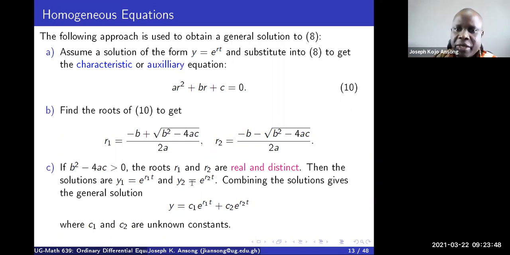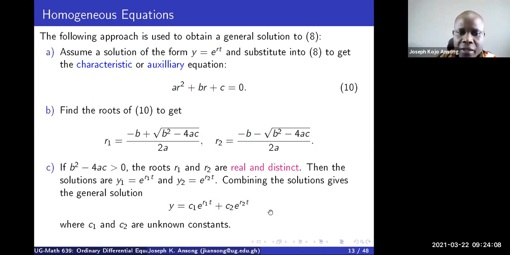As I mentioned previously, if you make a linear combination of the two solutions, you get a general solution, given by this. So in the case where the discriminant is positive, this becomes your general solution to the homogeneous equation.